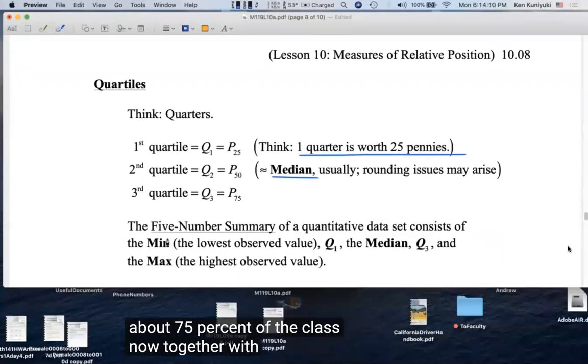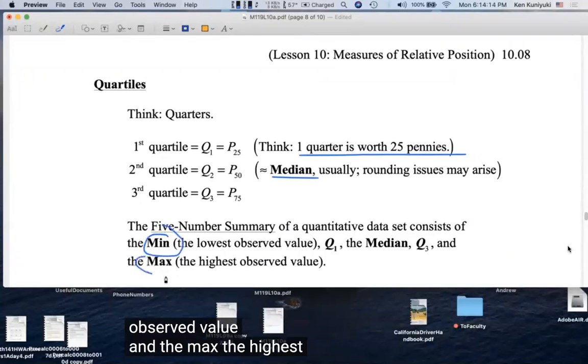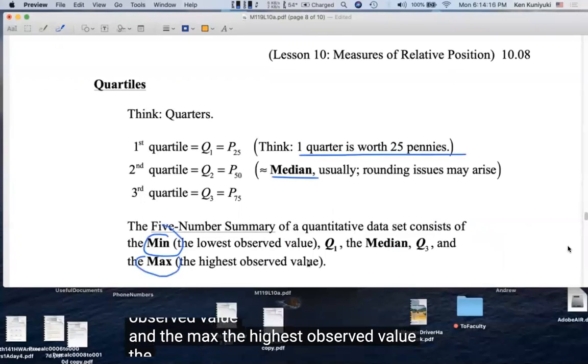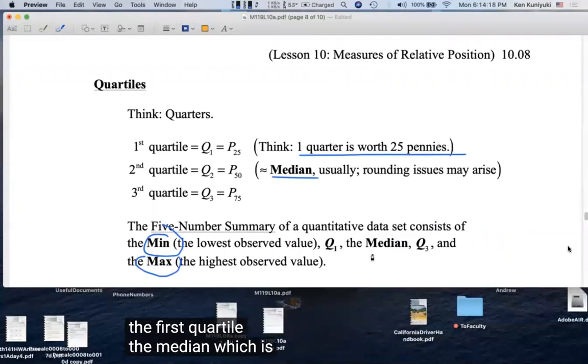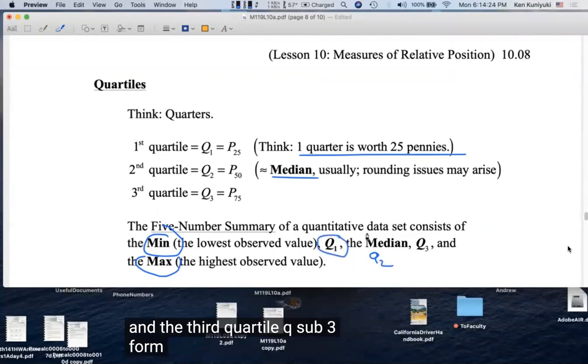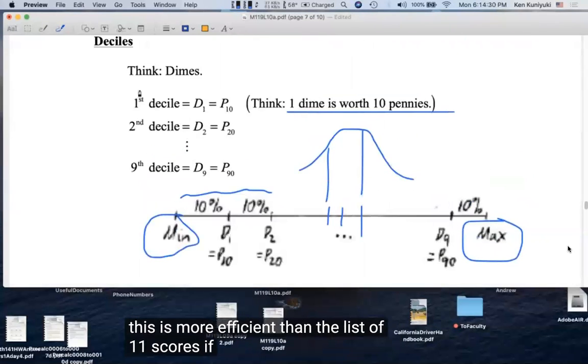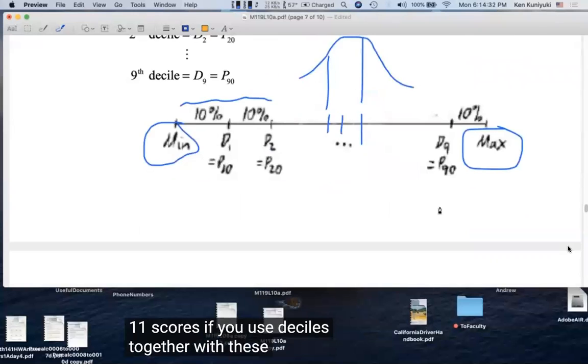Now, together with the min, the lowest observed value, and the max, the highest observed value, the first quartile, the median, which is basically Q sub 2, and the third quartile, Q sub 3, form what we call the 5-number summary. This is more efficient than the list of 11 scores if you use deciles together with these.